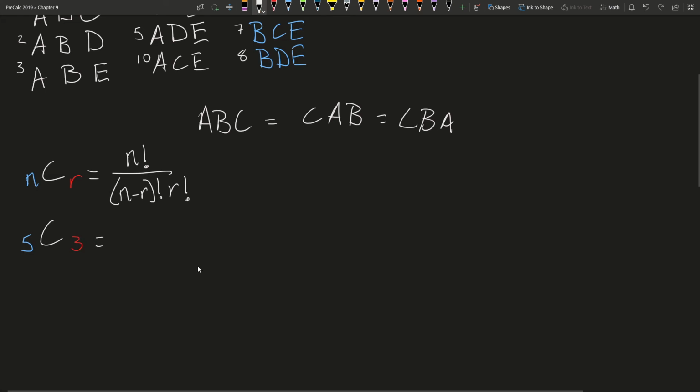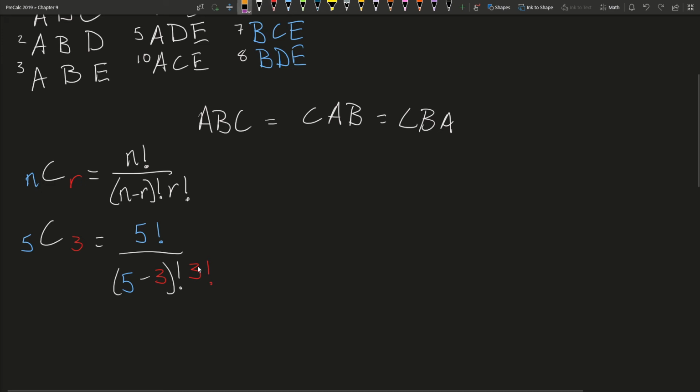Which will be equal to 5 factorial divided by 5 minus 3 factorial times 3 factorial.